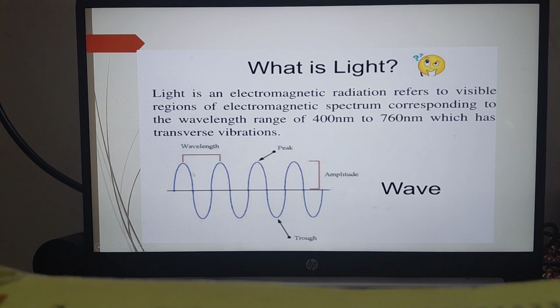Here the upper side of the curve is known as the crest, and the lower side is known as the trough. So light is an electromagnetic radiation which is visible to the human eye, in the range between 400 nanometers and 760 nanometers.